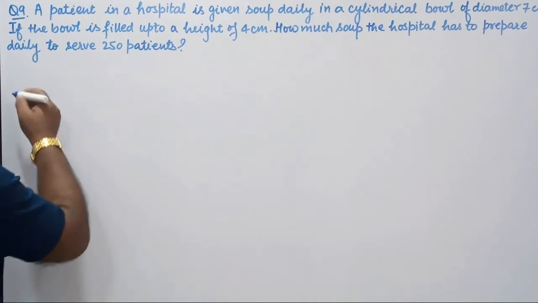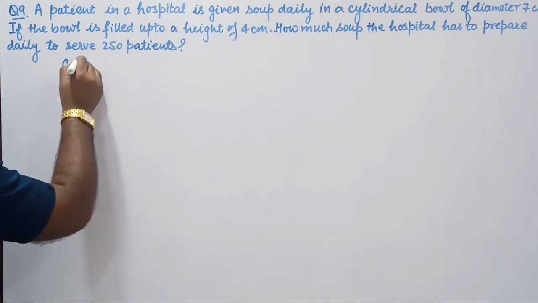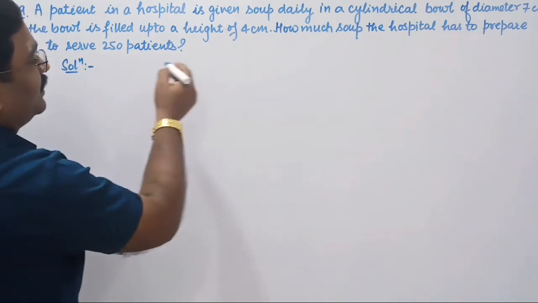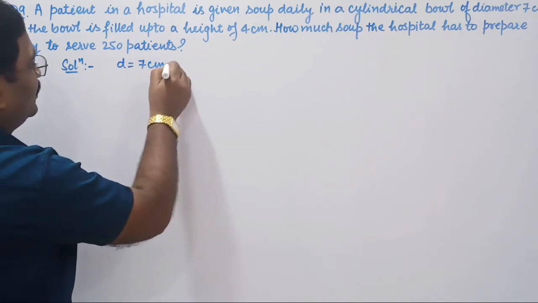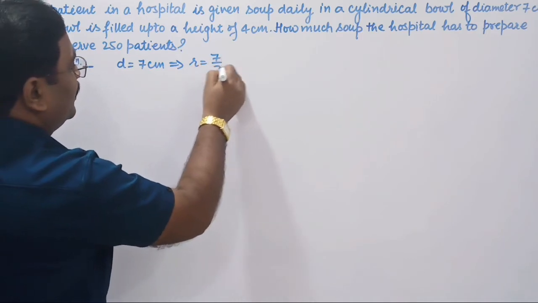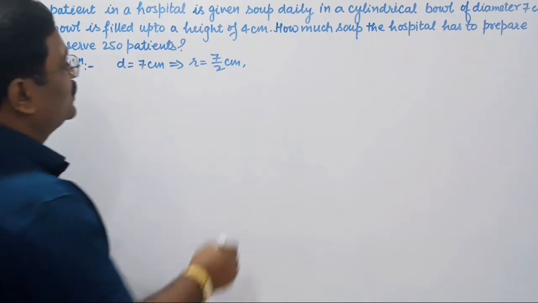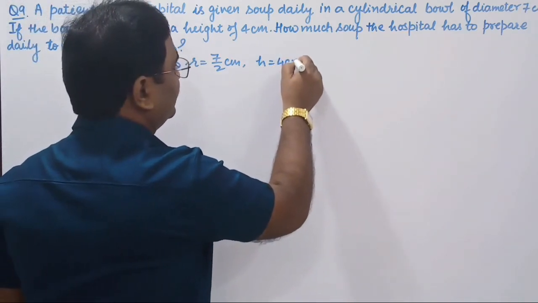As the radius of the bowl is needed, in the solution the given diameter is 7 centimeter, which gives the radius as 7 by 2 centimeter, and it is filled up to the height of 4 centimeter.